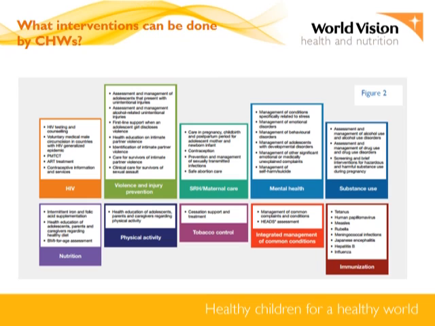Before you do that, I just want to give you a brief overview of the WHO framework for adolescent health. This is the key health needs of children and young people.